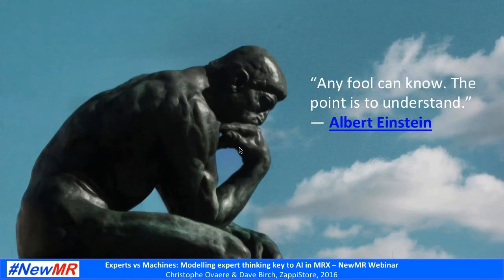Albert Einstein once said, any fool can know, the point is to understand. And for me, that is pretty fundamental when we talk about automation. I think the difference between automating the production of a number and automating to the extent where someone without training can understand what the meaning of that number is really important.